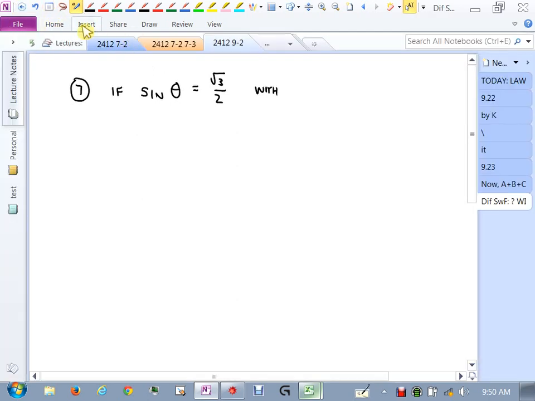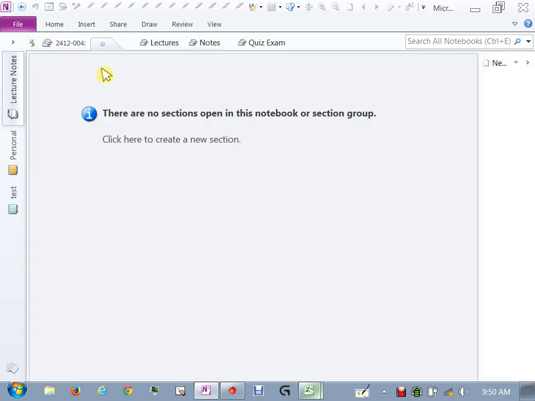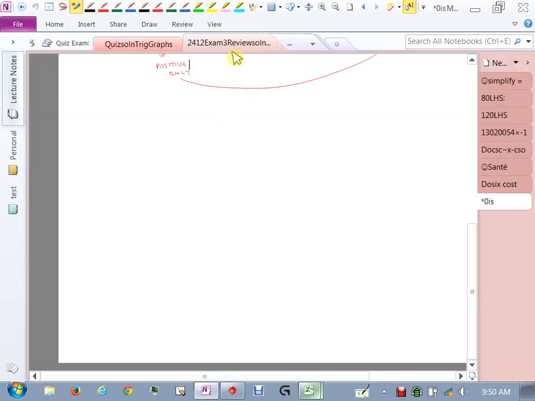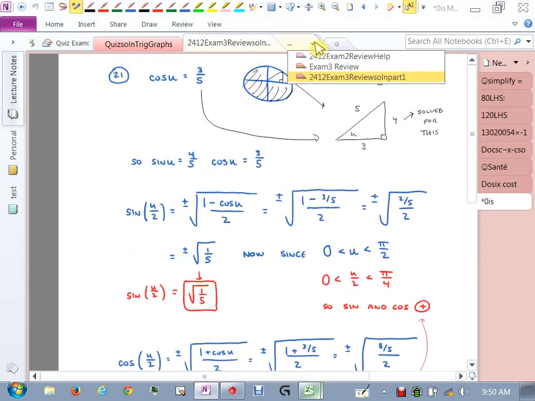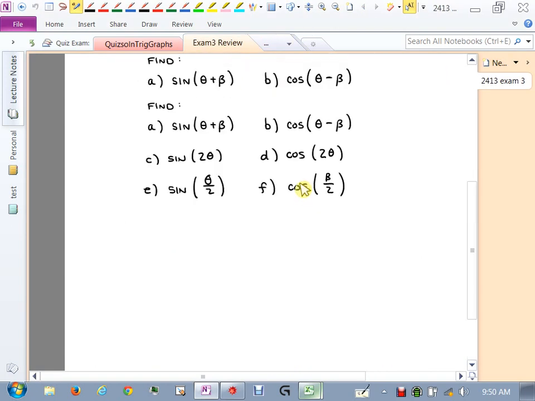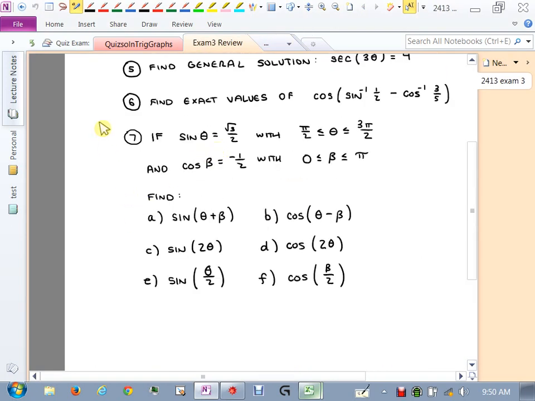I'll write it down. It says, if sine of theta is √3/2 with, you know what? Let me cheat a little bit here. Let me get the exam review. This is the problem right here.